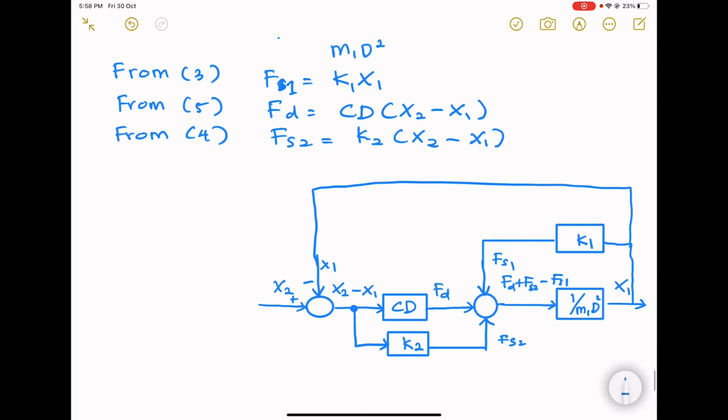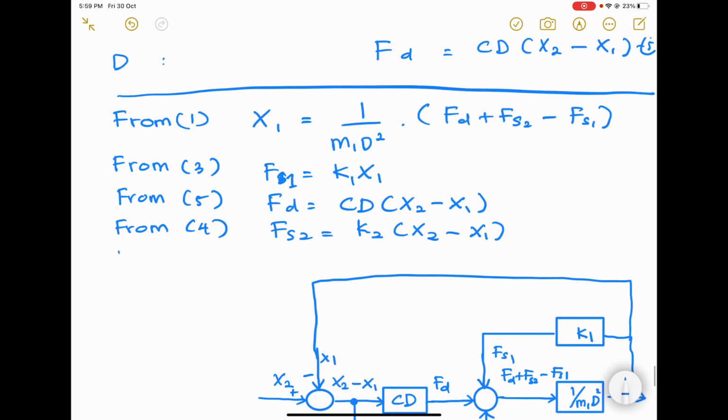Now let's solve for x2. From equation 2, we rewrite x2 is equal to 1 over M2 d squared multiplied by (Fa minus Fd minus Fs2).